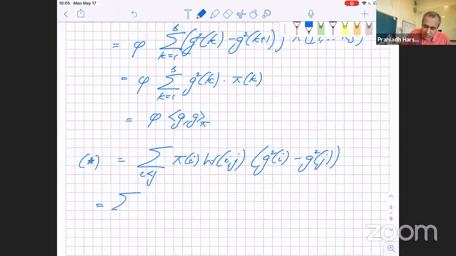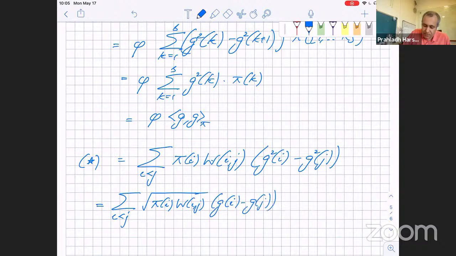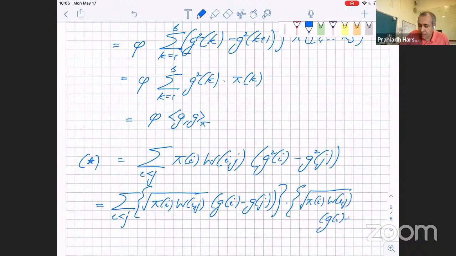So this I'm going to write as summation i less than j square root pi i wij gi minus gj, this whole thing into once again square root pi i wij gi plus gj.